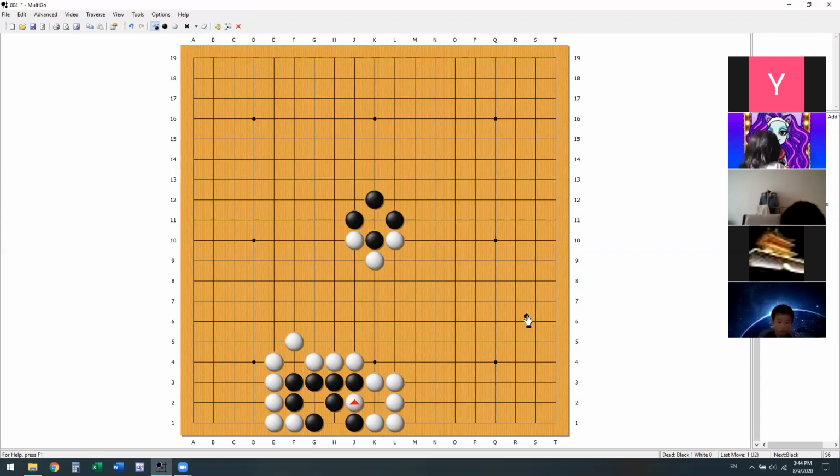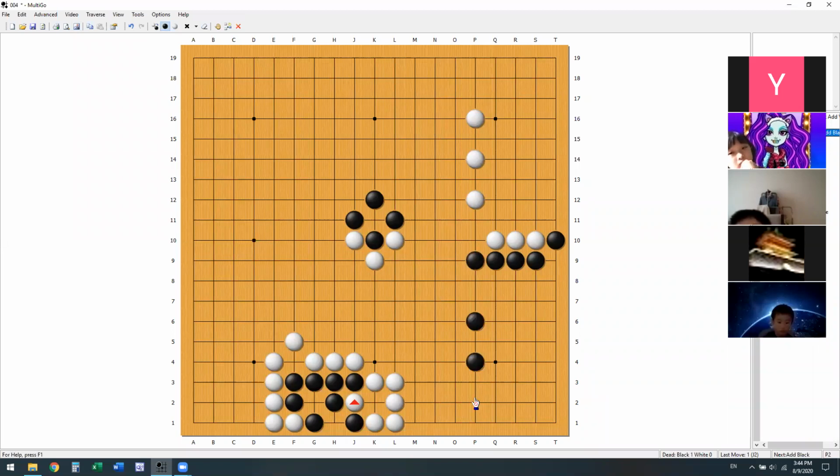Okay, so we will see this very often. In a lot of games, it depends on a ko to decide whether a group is alive or dead. And there's something else, not only for life and death problems. For example, if it's like this, we can see that white has some territory here.